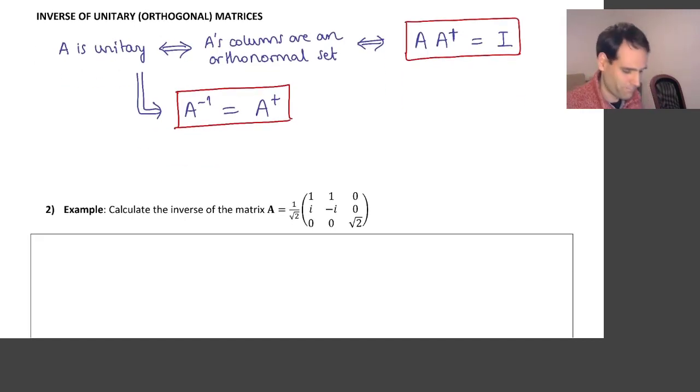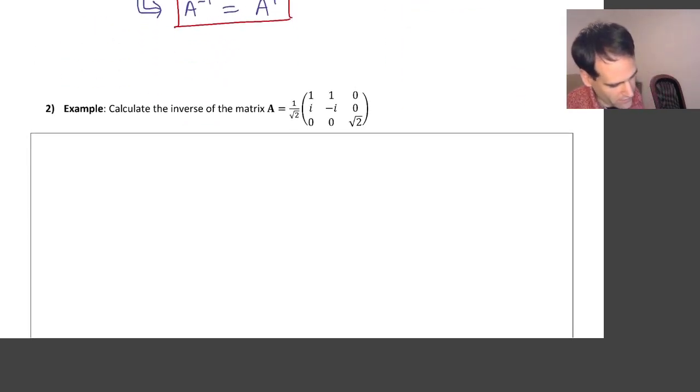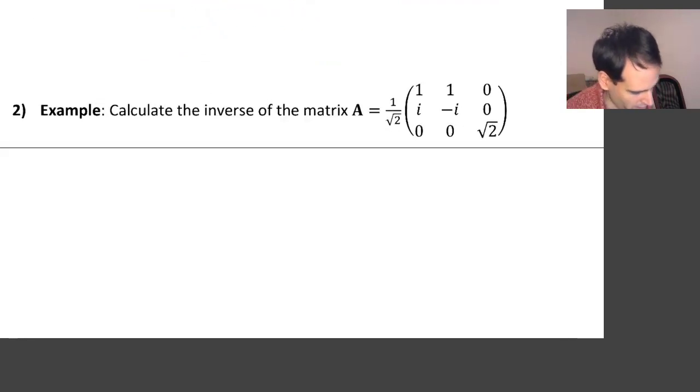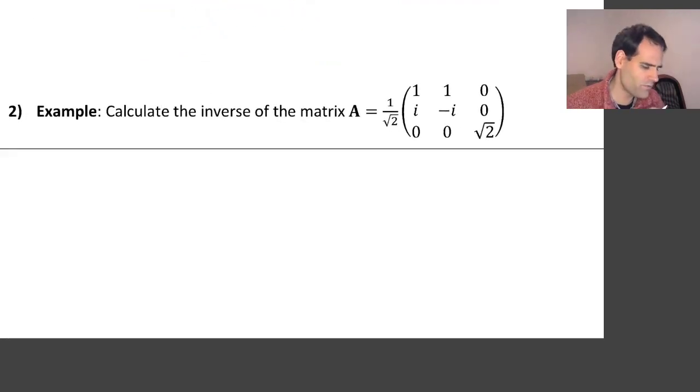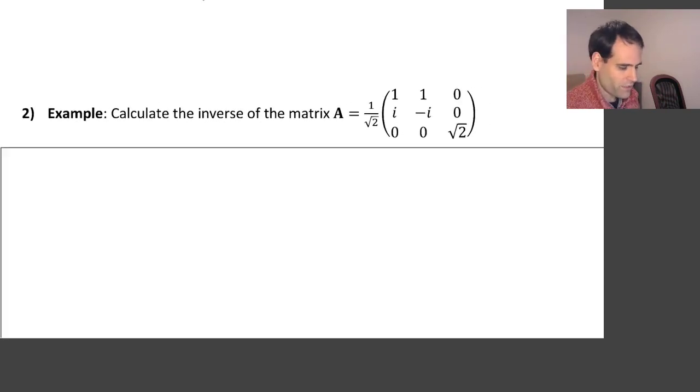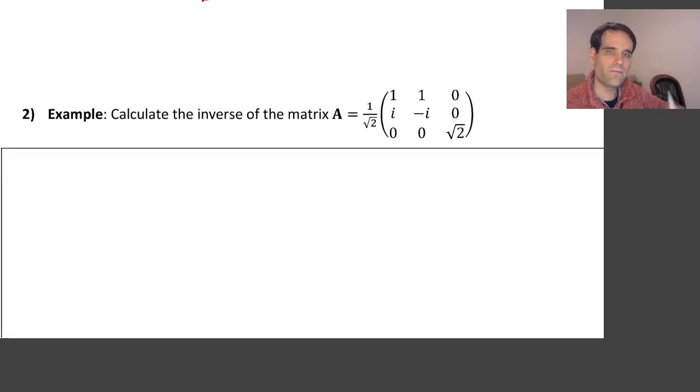Let's do an example. Calculate the inverse of this matrix. So this is a complex matrix. In general, it would be very difficult. We would have to start calculating minors and so on. It would be messy. But if we are smart, we can notice that the columns of this matrix are an orthonormal set. Let's check that.